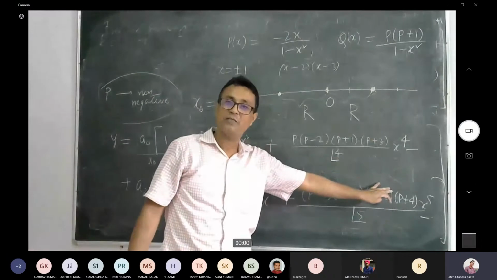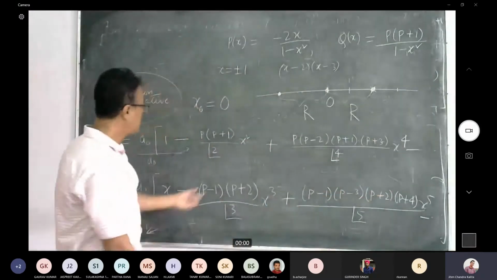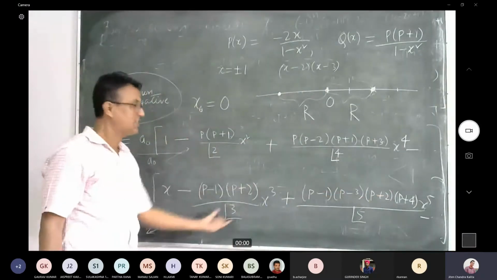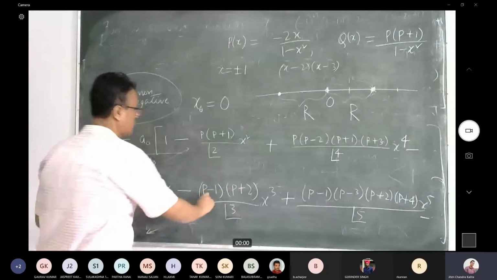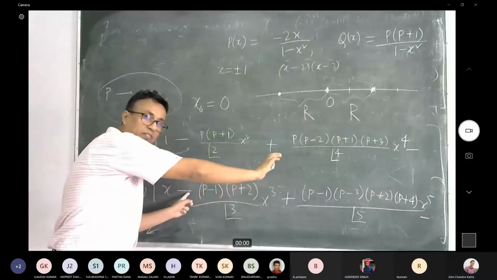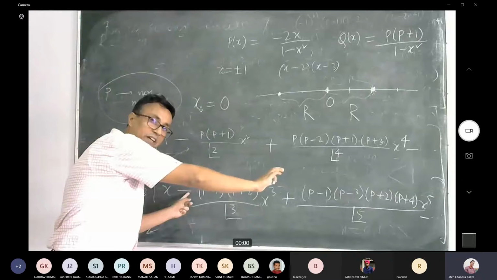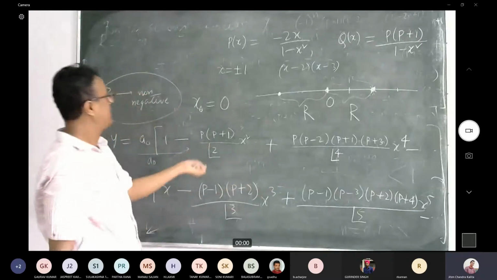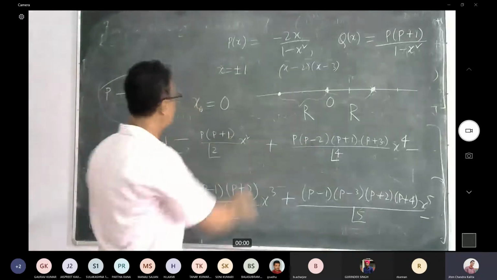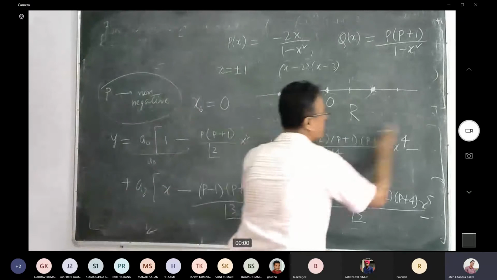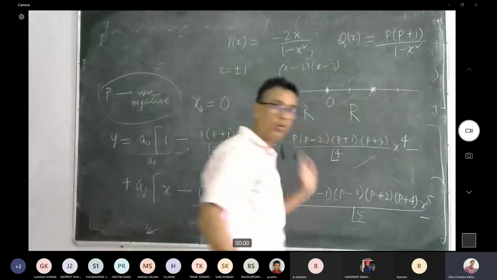Similarly, if p is equal to 1, the second series is going to vanish from here onwards. Again, p equal to 2, the first series is going to vanish from these terms onwards, and so on.